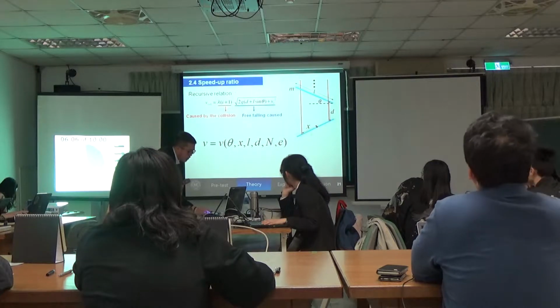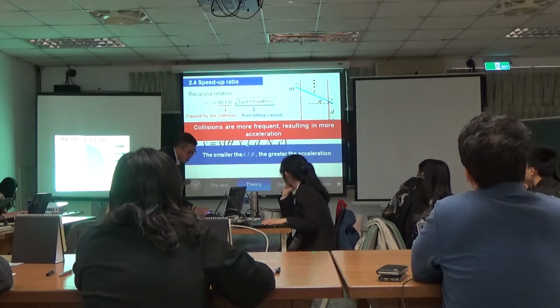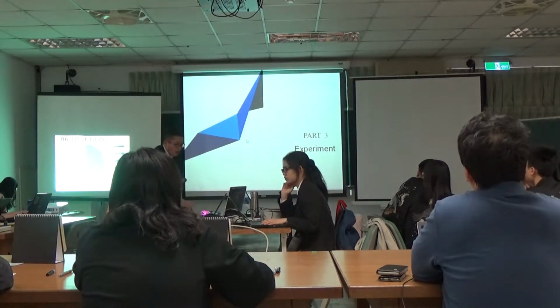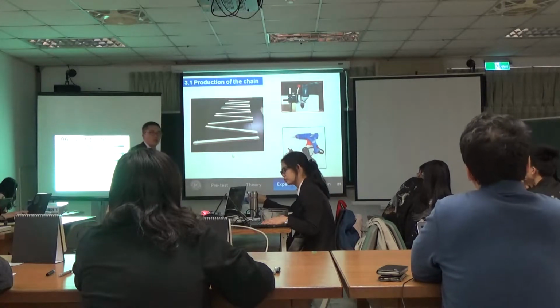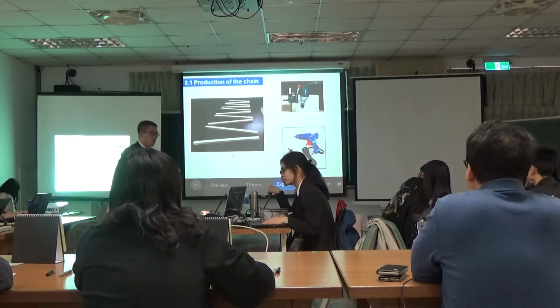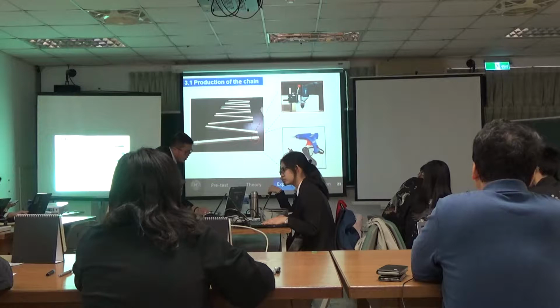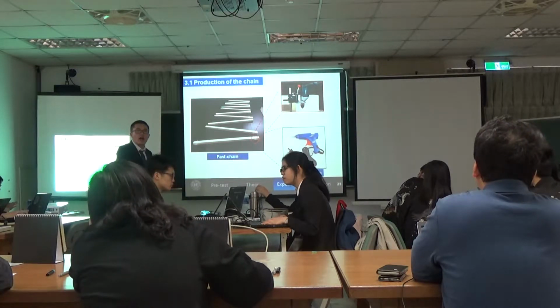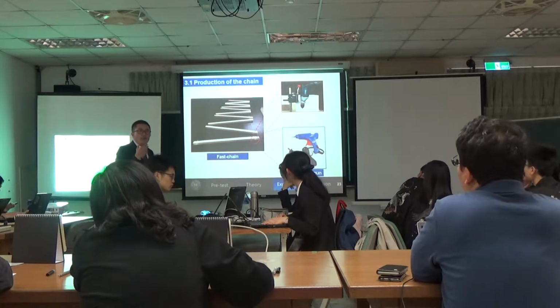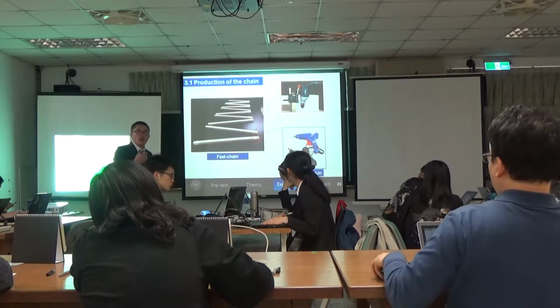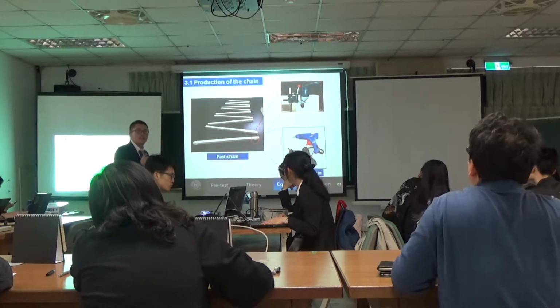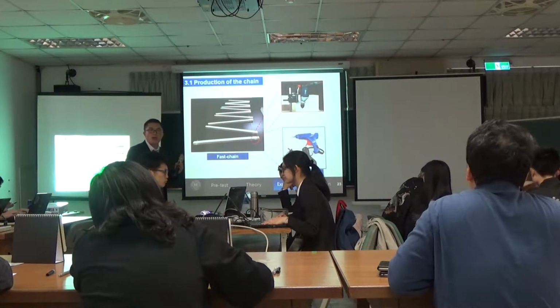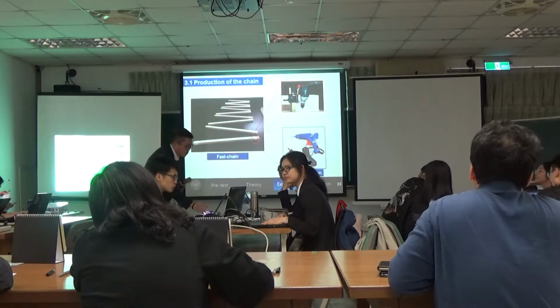So let's get on to our experiment. We need some important experimental parameters. These are our chains, and we use a hot melt gun to connect the blocks and the thread. We use fashion thread because it wastes less energy, so that we can make our chain get faster.